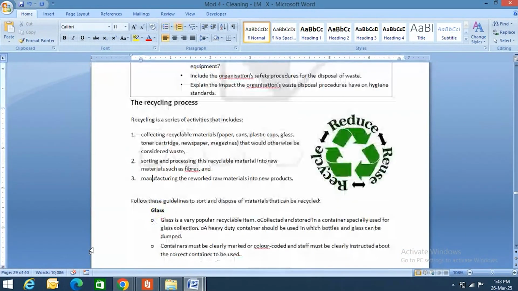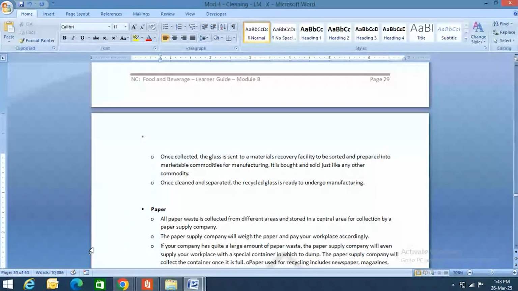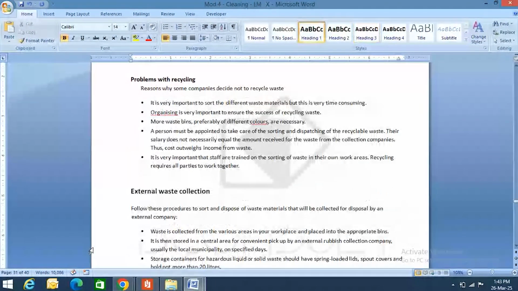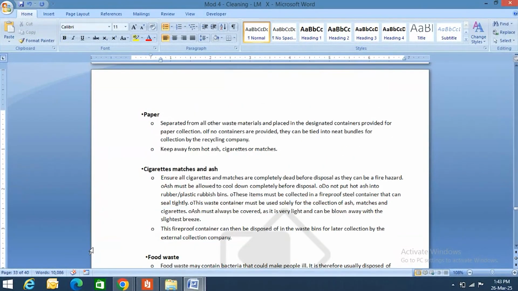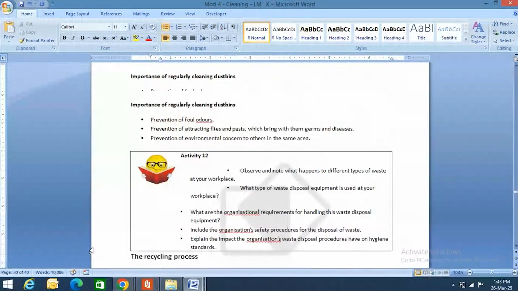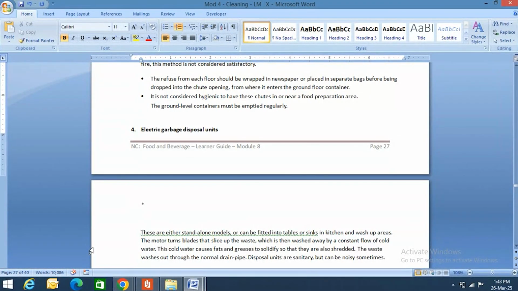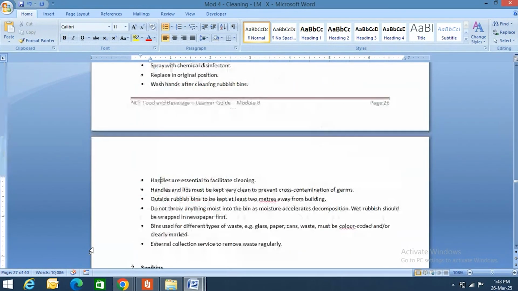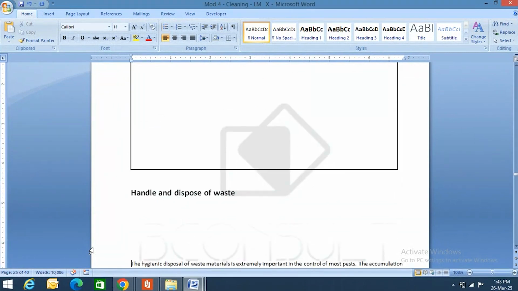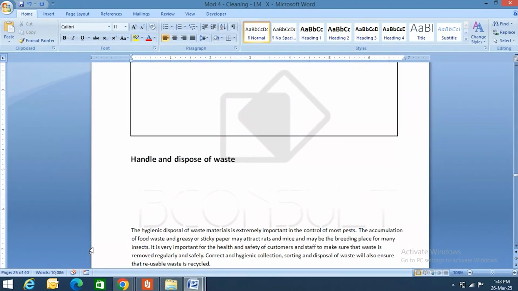Okay, so waste is collected and sorted. Waste is collected and sorted, and then it is disposed of, and what can be recycled will be reused.